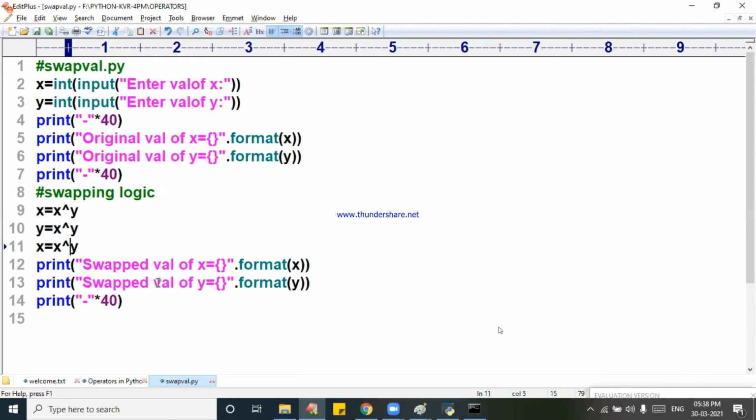Take this program: swapping logic by using the XOR operator.